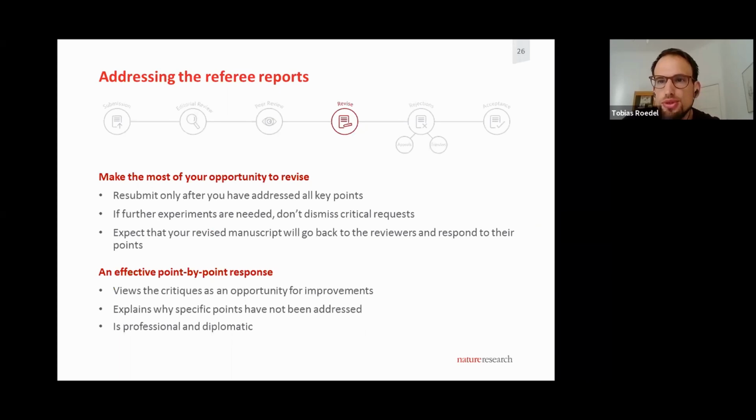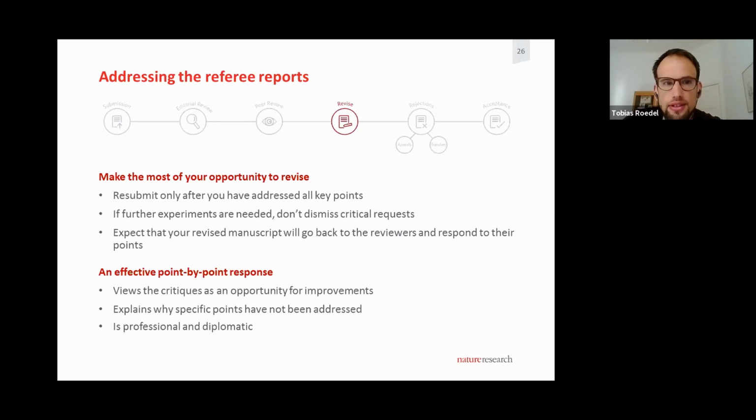So please make the most out of the opportunity to revise. What is important, I think, is that if possible, additional experiments or additional calculations are always the most convincing way to address the concerns.